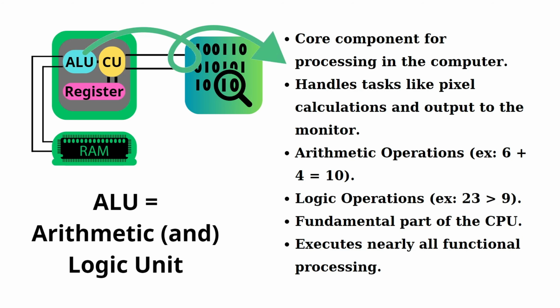This unit is a crucial part of the CPU and handles nearly all functional processing tasks. The ALU's duties are divided into two main categories. Arithmetic operations involves performing calculations on data. Logic operations involves making comparisons and evaluating conditions.